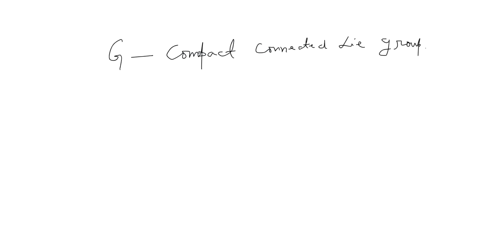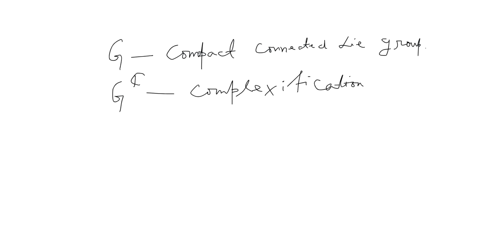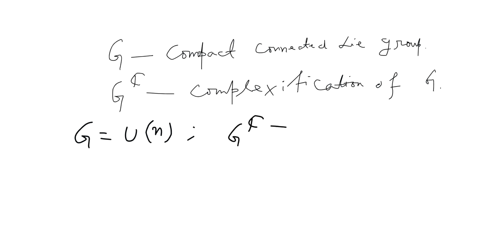But okay, the thing that I wanted to talk about is that suppose you take a compact Lie group G, let's say compact connected, and then G_C is the complexification of G. So maybe if you do not understand these terms, just keep in mind the example that G is your unitary group U(N), and your G_C is just GL_N(C).